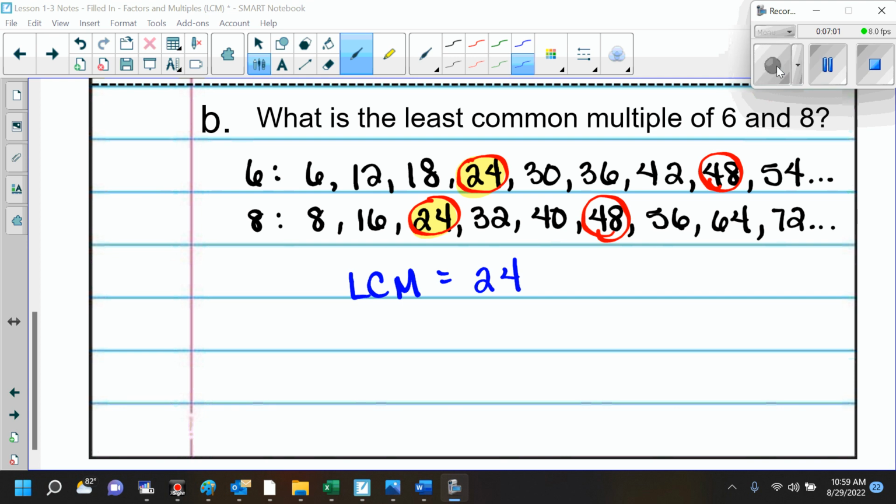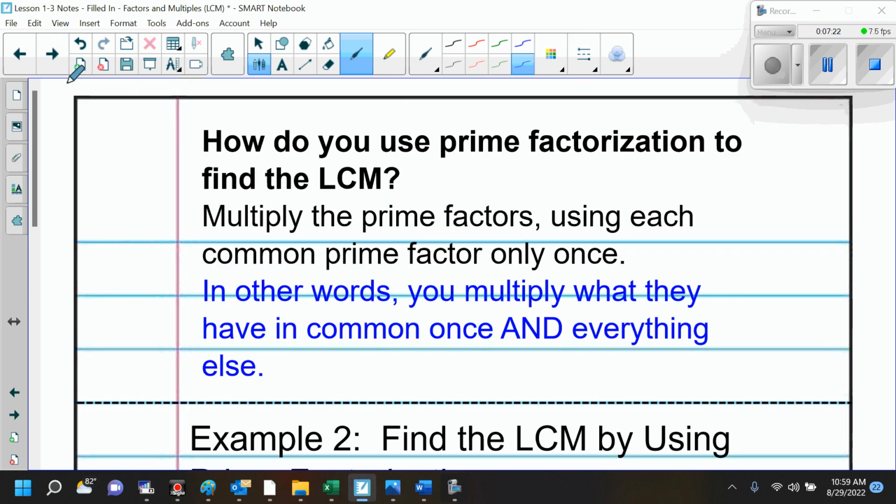So again, what if I asked you to find the least common multiple of 126 and 384? Are we going to want to do lists? No, we don't want to do lists. In that case, of course, we're going to use prime factorization, okay?